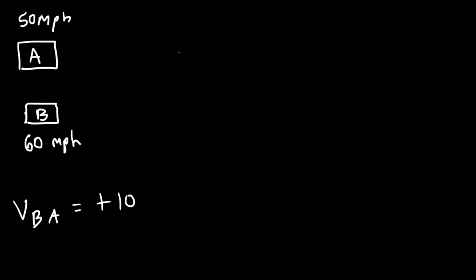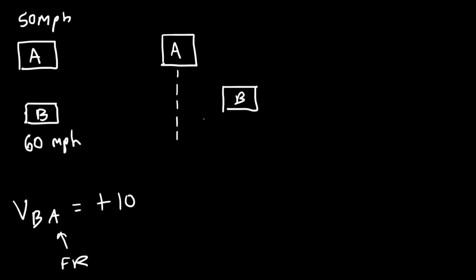So in 1 hour, A is going to travel a distance of 50 miles, and our reference frame is A. B is going to travel a distance of 60 miles. So in 1 hour, B is going to be 10 miles ahead of A.